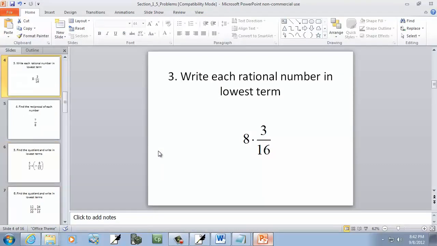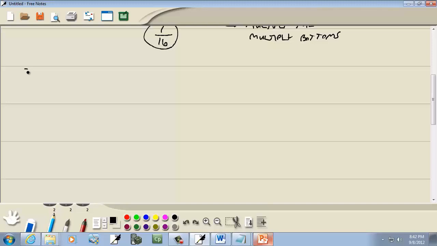Let's look at another multiplication. We've got 8 times 3 over 16. Well, if I'm going to multiply, add, subtract, or divide fractions, any of the above, they both should be fractions. So I want to rewrite the 8 as 8 over 1.